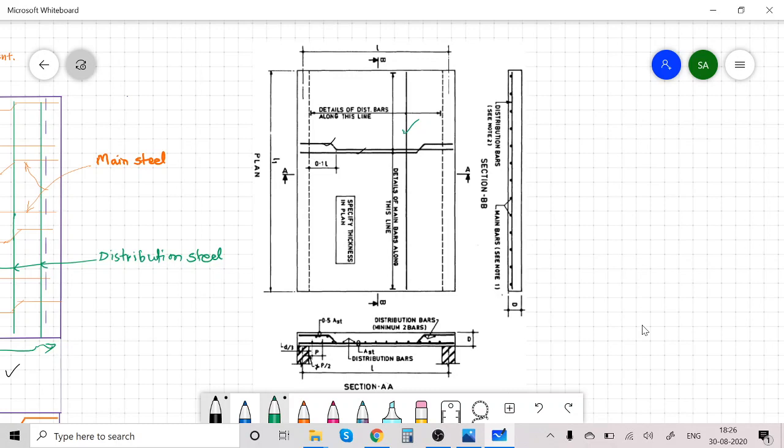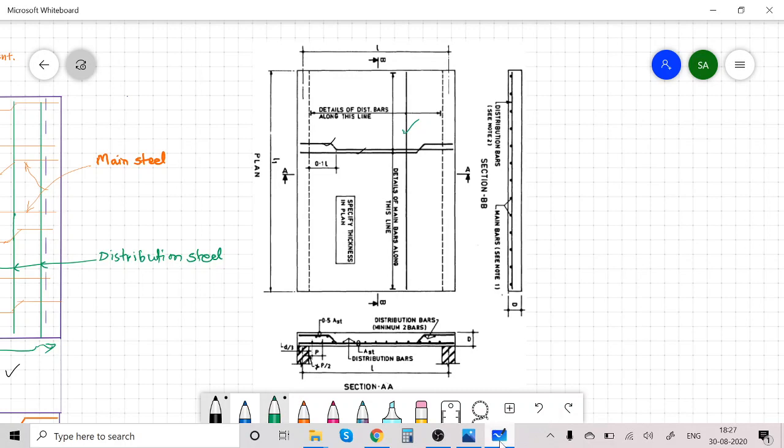This is section AA, that is along the shorter span, and this is section BB, that is the section along the longer span. So you will indicate all the details of the reinforcement so that the worker can tie the reinforcement correctly. So this completes the design process of one-way slab.